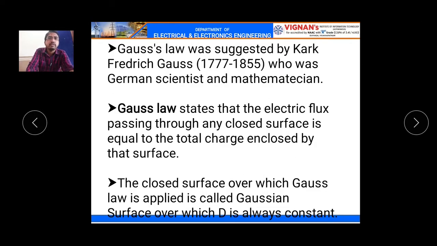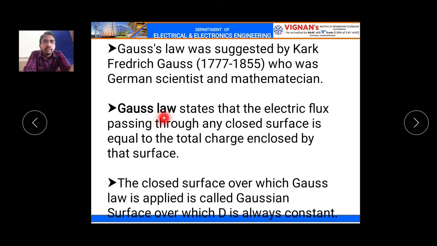So next we will go for Gauss law. Gauss law was suggested by Friedrich Gauss, who lived in the years 1777 to 1855. He was a German scientist and mathematician. Gauss law states that electric flux passing through any closed surface is equal to the total charge enclosed by that surface.